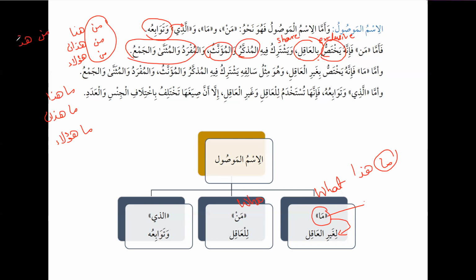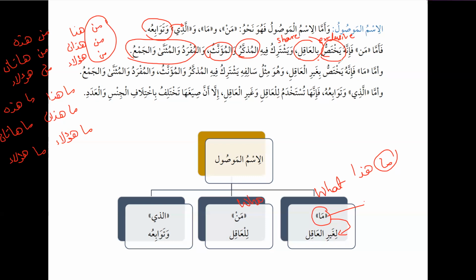Likewise, من هذه, من هاتان, من هؤلاء النساء, ما هذه, ما هاتان, وما هؤلاء. So you see, for all of them, you're using man and ma.